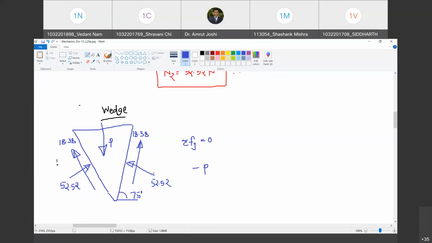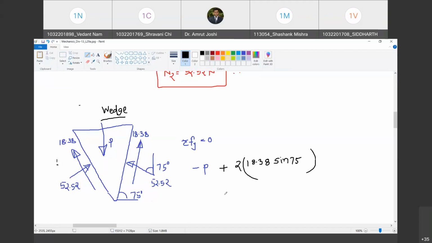So what is the angle made by this force 15 with reference to vertical? 75. Yes, sir. So tell me now. Sir, क्या लिखो? Minus P, plus 18.38 sin 75, और ये दो times क्योंकि दोनों side में है. Do you agree? Yes, sir.